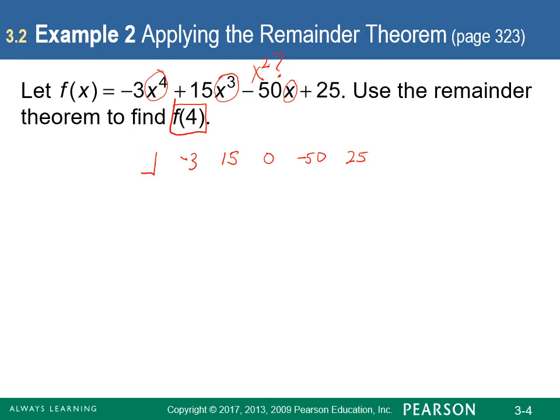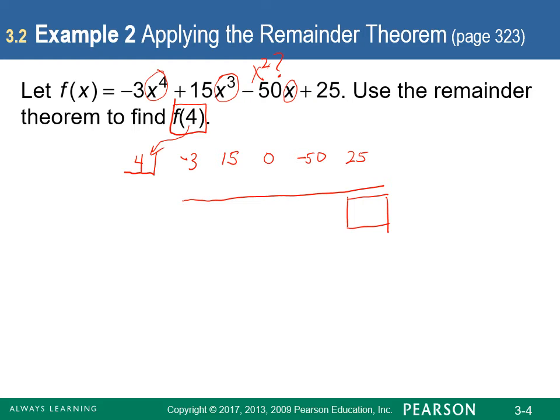What that means is we're going to do synthetic division with the 4. When we're finished, the number that appears in this spot is f of 4. We still have to go through the process though.